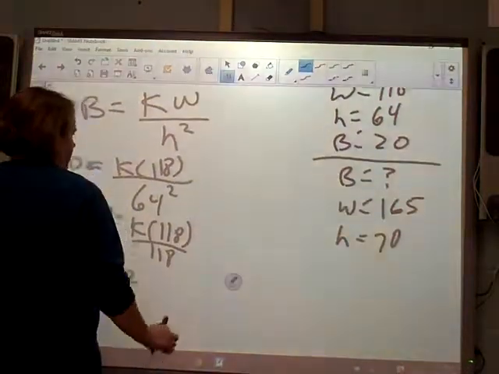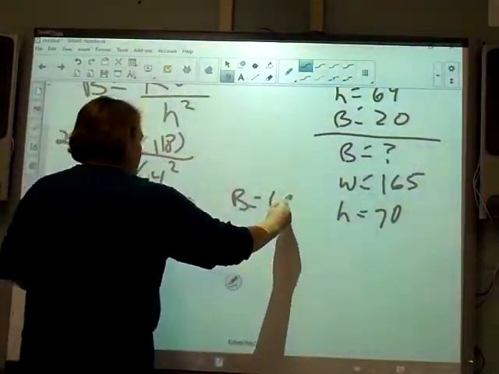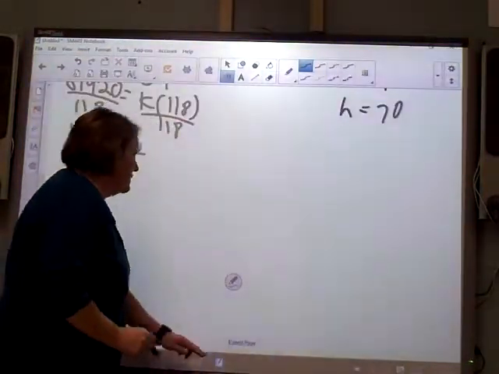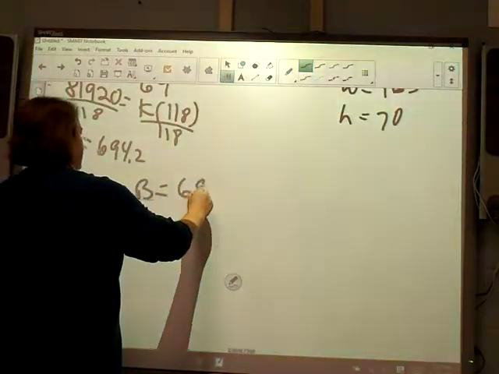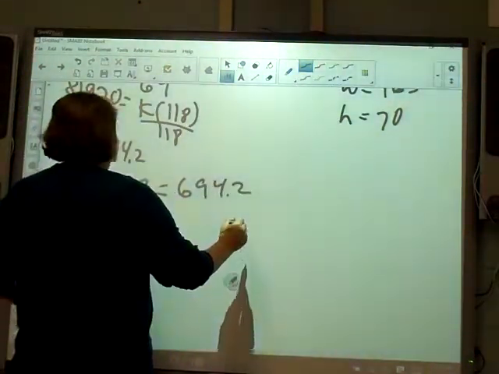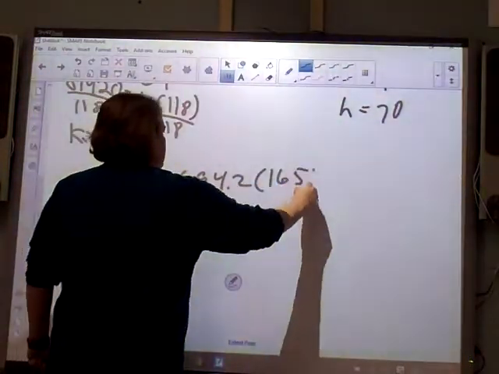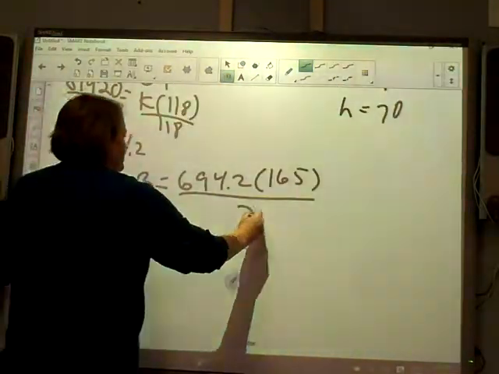Okay, so now we're going to take this over here to this new person to find out their BMI. So we got B is equal to K times the weight, which was 165, divided by, was it the height squared? Yep, 70 squared.